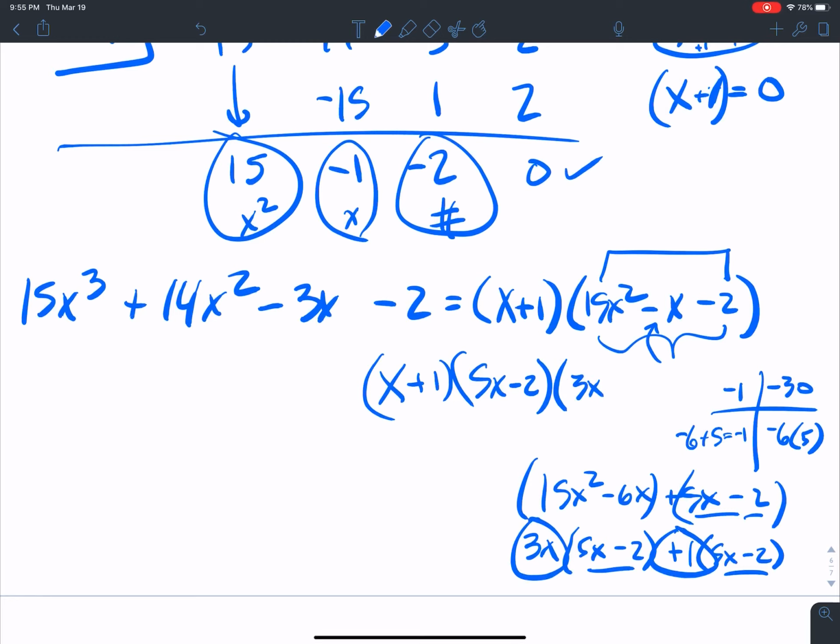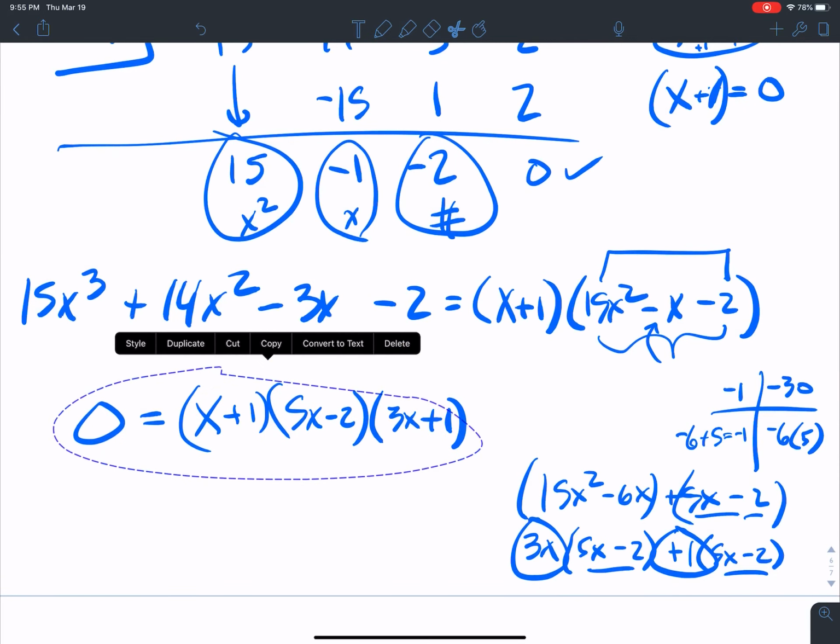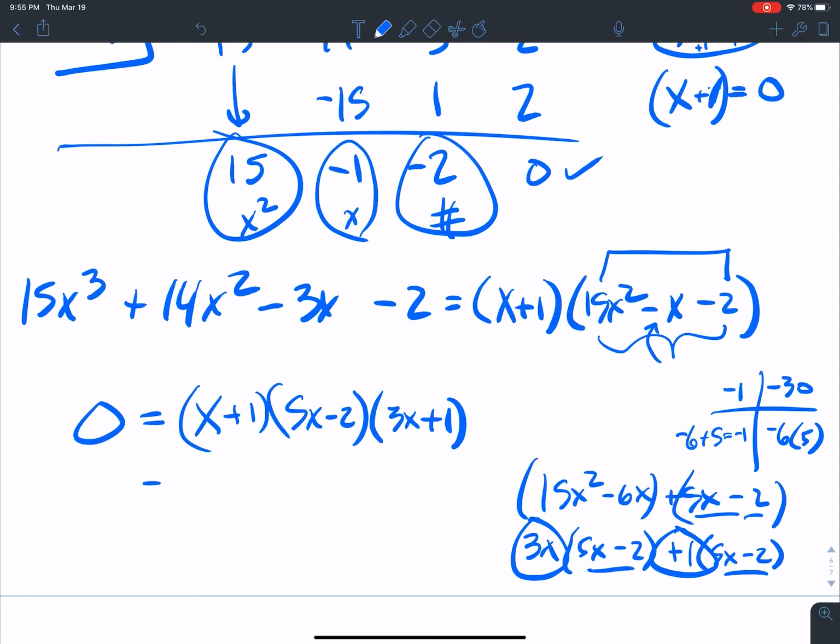What's left? 3x plus 1. So set that equal to 0 and solve for x. That gives me x is equal to -1, x is equal to 2/5, and x is equal to -1/3.